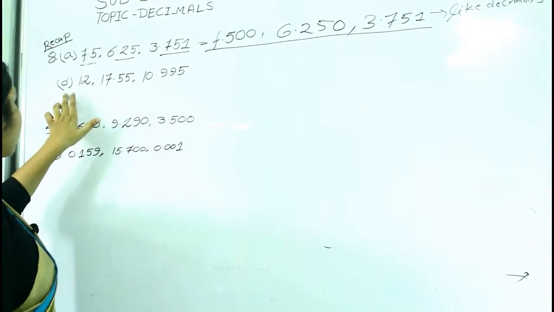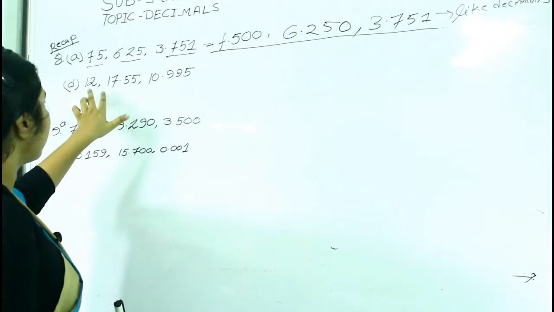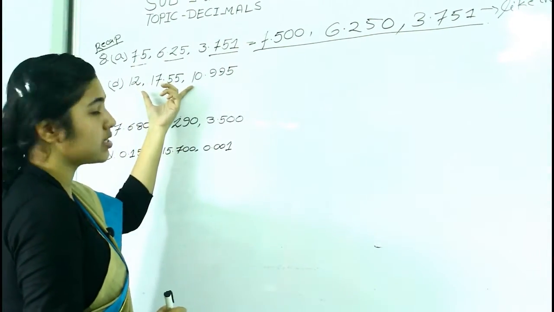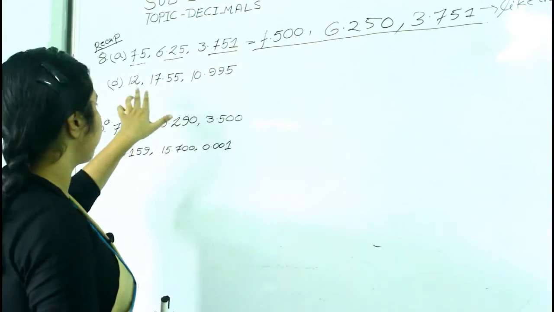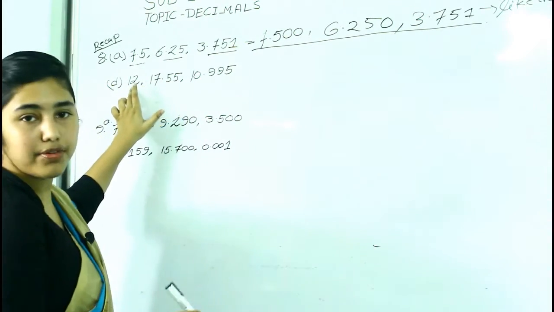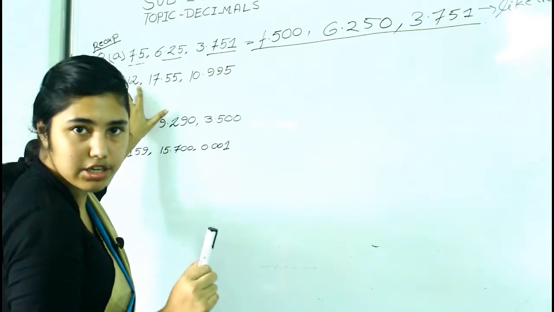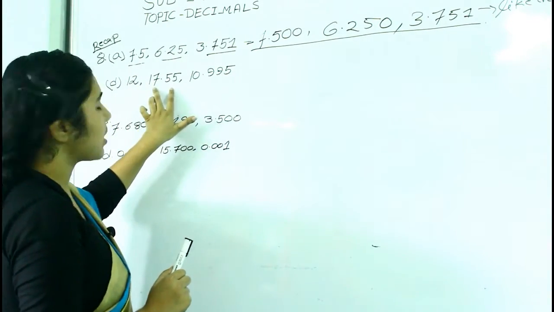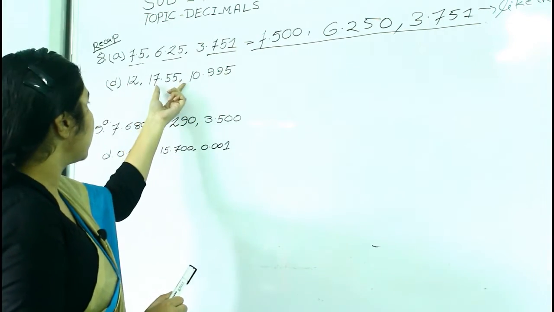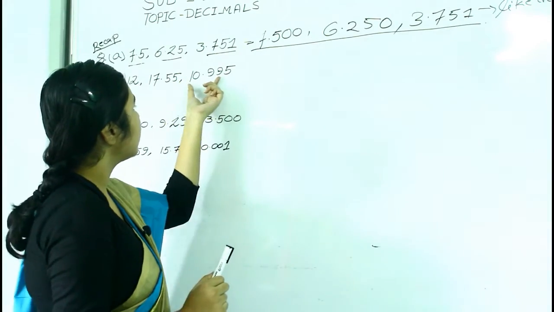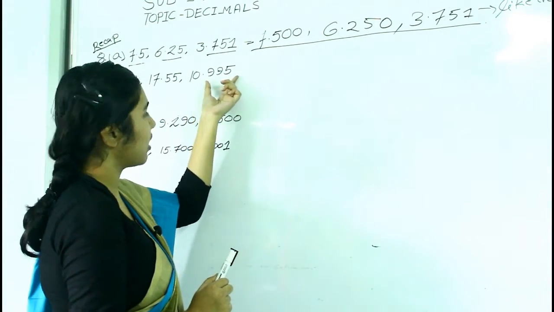Next, question number D. Here also we have to change these numbers into like decimals. So first number is 12, which is a whole number. Here the decimal part is 0. Okay. Next 17.55. In this number we have 2 decimal places, and next is 10.995.